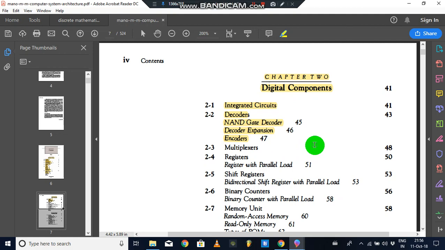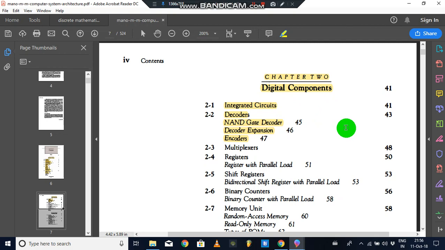So what shall we use here? Then we use the decoder. If we encode two inputs into four outputs, or eight outputs, whatever you want, it depends on you.